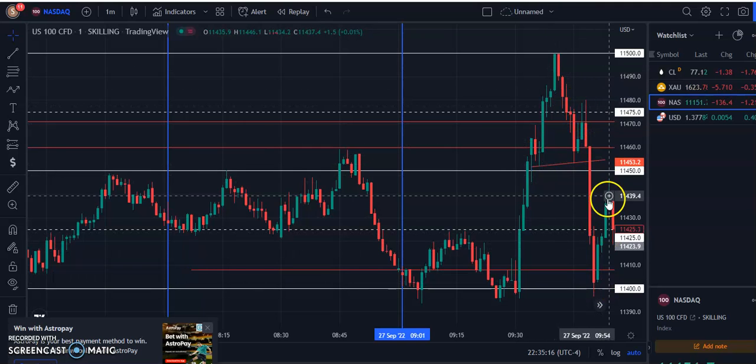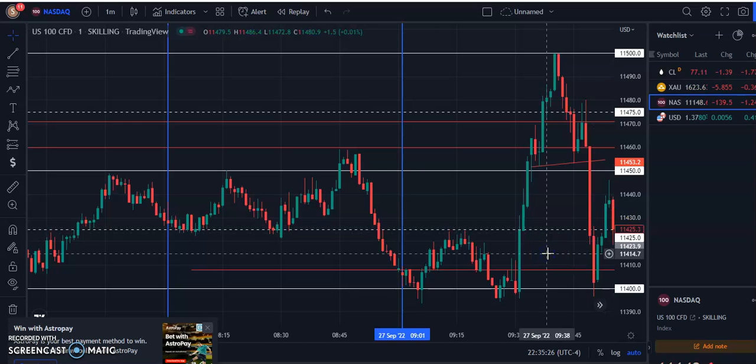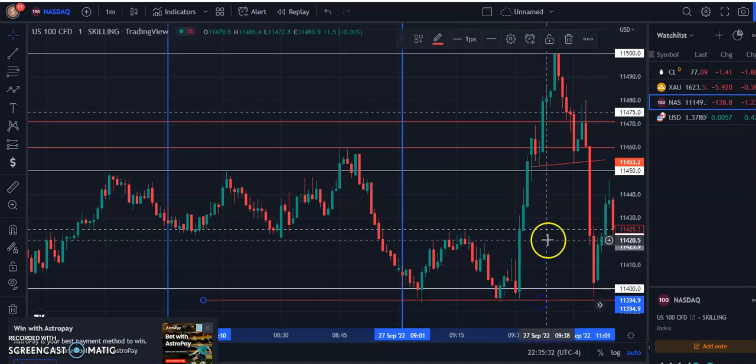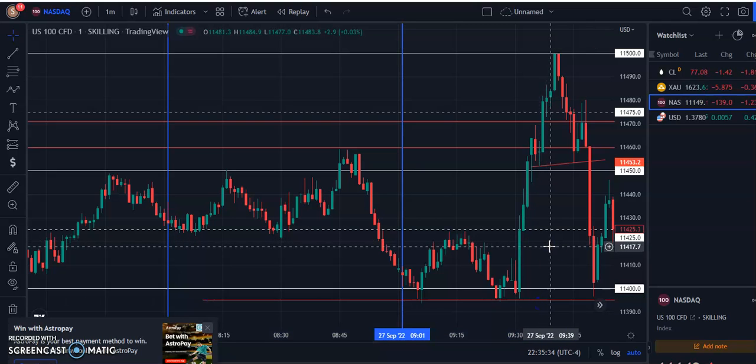So we break out, pull back, and then an engulfment at 25, at the 25 quarter level. So where is the money? The money is here, down here. Now, this is an easy 25 pip, 50 pip.